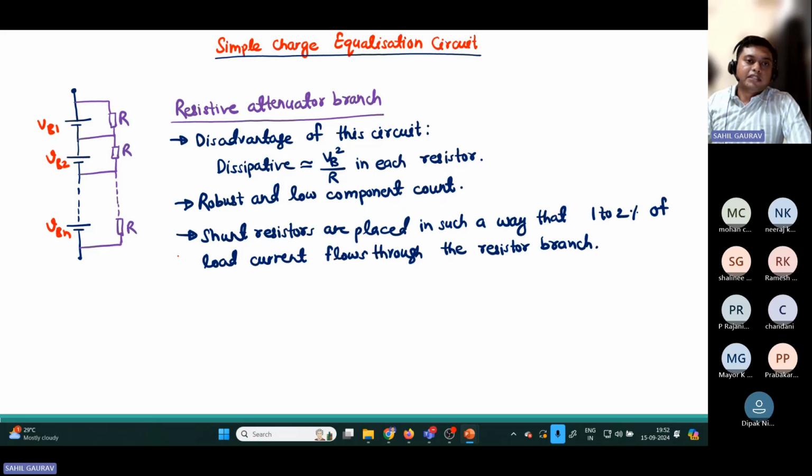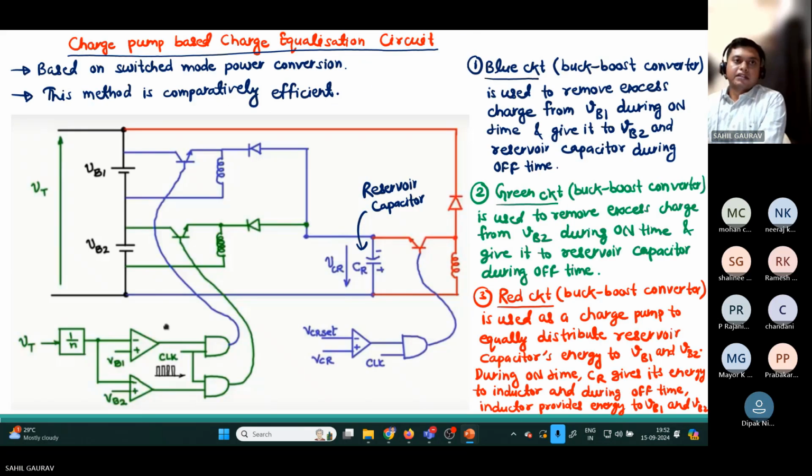One important point is that here you have to connect the shunt resistor in such a way that 1 to 2% of the load current flows through the resistor branch. Now we will see the charge pump based charge equalization circuit that is commonly used.